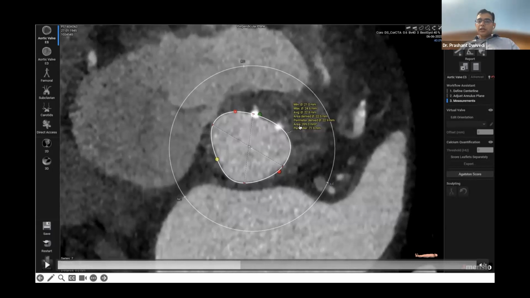The area and area derived diameter are useful for valve sizing of the balloon expandable valve, while the perimeter and perimeter derived diameter are useful for valve sizing of the self expanding valve. So each and every measurement is very important during the annulus measurement.